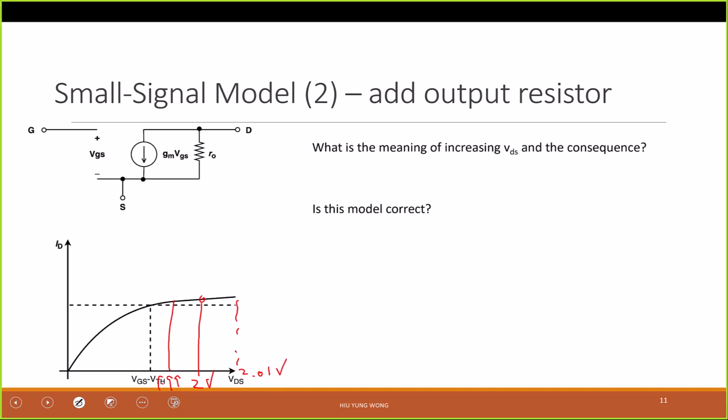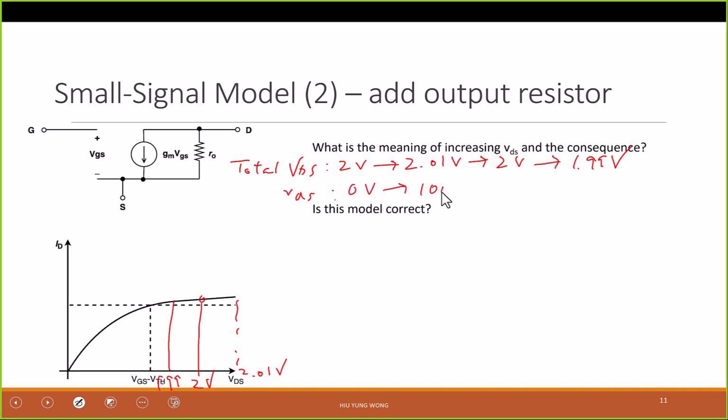So the total VDS, how does it change? It changed from maybe 2 volts, and apply a signal become 2.01 volts. And then you go back to 2 volts and then become 1.99 volt. But from the small signal point of view, VDS changes from 0 volts, because it is the DC bias, I did not add anything.